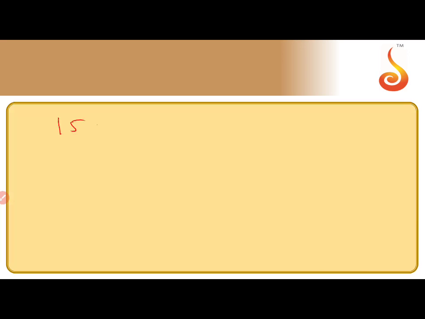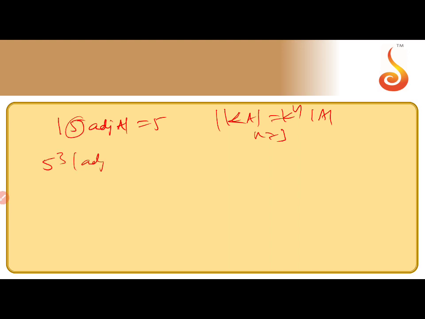The first: 5 into adjoint A equals 5. So det of KA is what formula? K power n into det A. Here n is 3 and K is 5, so 5 cube into det of adjoint A equals 5. So det of adjoint A equals 5 by 5 cube, which means 1 by 25.